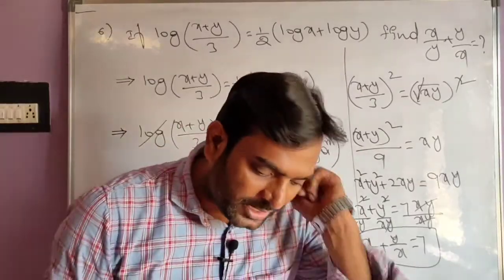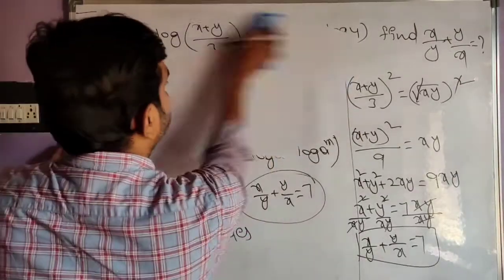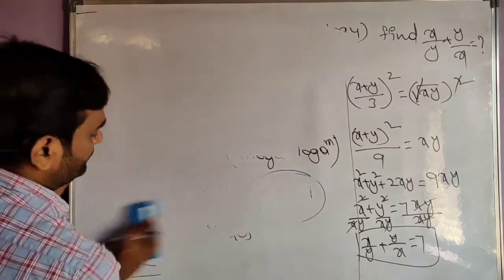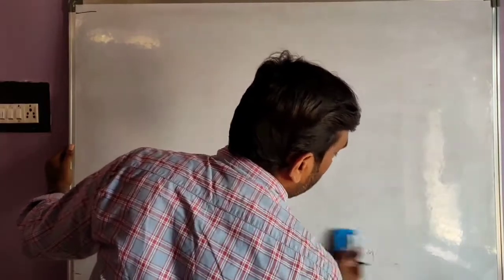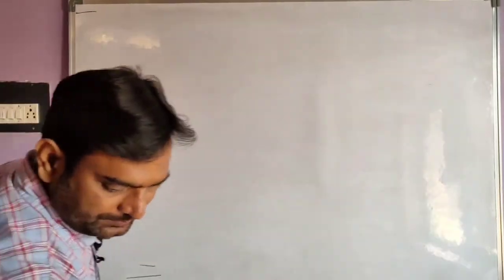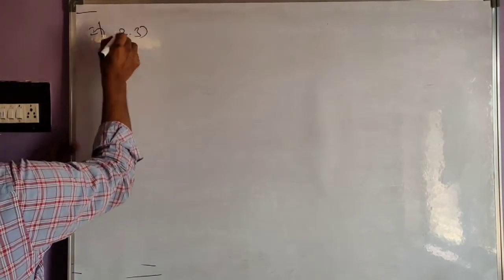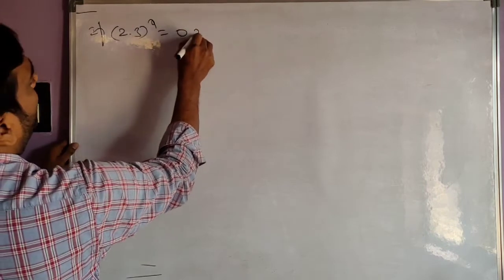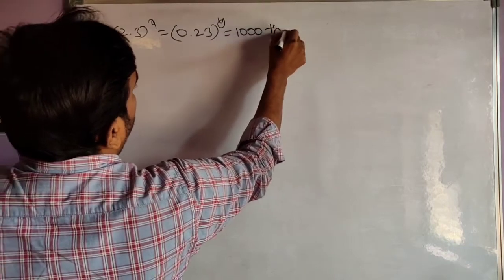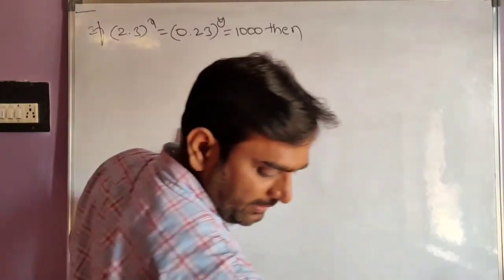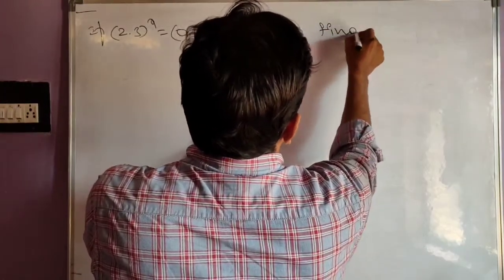Okay, coming to the next problem. The problem is given: 2.3 power x is equal to 0.23 power y, equal to 1000, then find the value of 1 by x minus 1 by y.